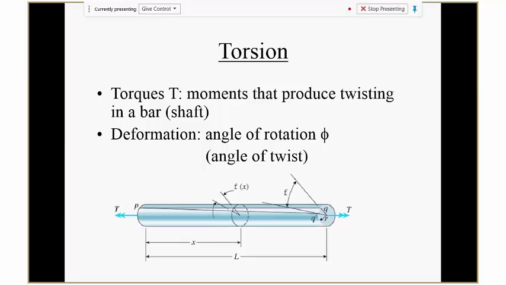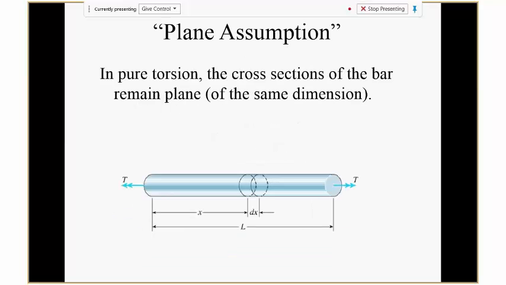So based on this observation, what we're going to do is assume that the planes in this object, in this shaft, will remain as a plane. So we're going to have what we call the plane assumption. All right. So what's the plane assumption?